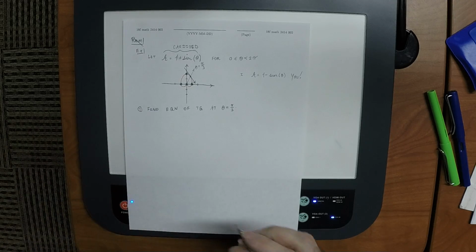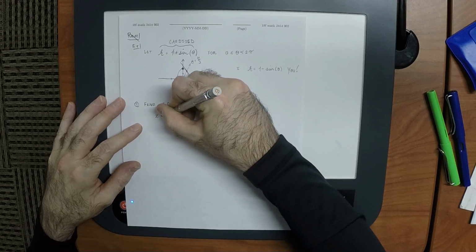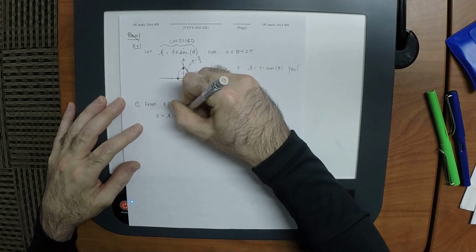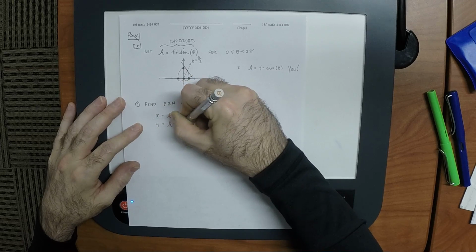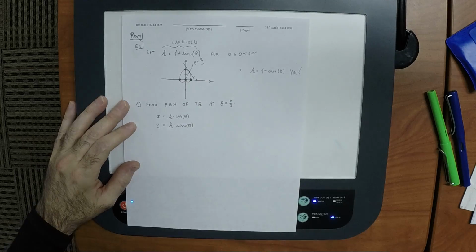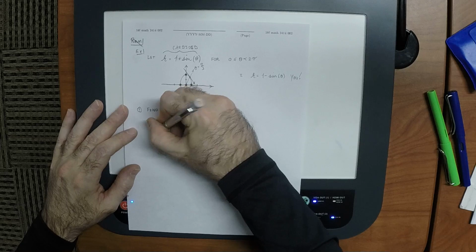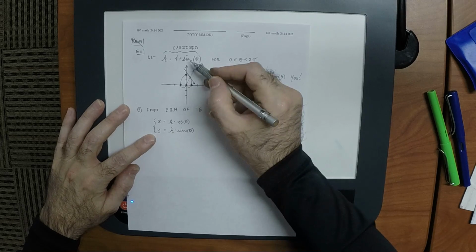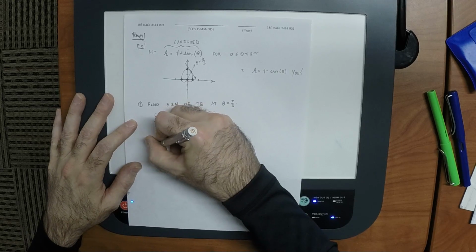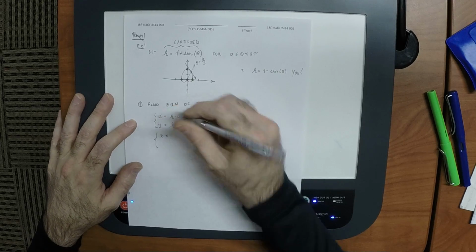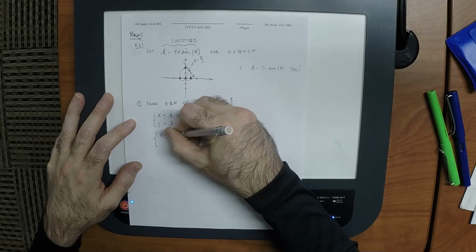We have to say that x is r cosine theta, and y is r sine theta. Okay, that's nice, but now we're going to substitute that in, right? So substitute in that r. So that would mean that the formula for x is, in fact, 1 plus sine times cosine. So distributing, that would be what?